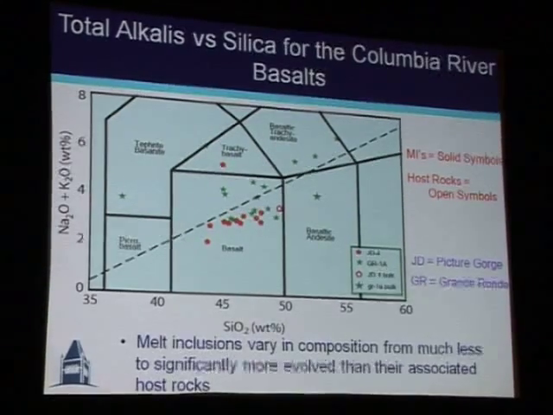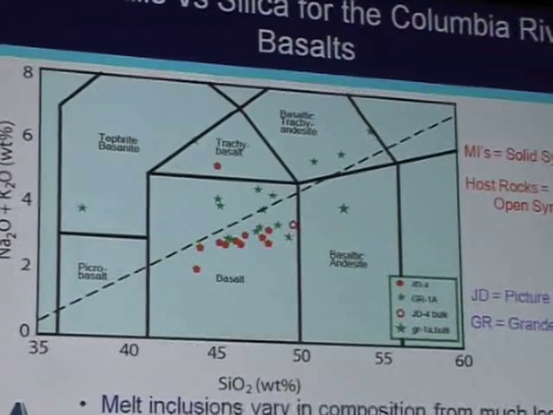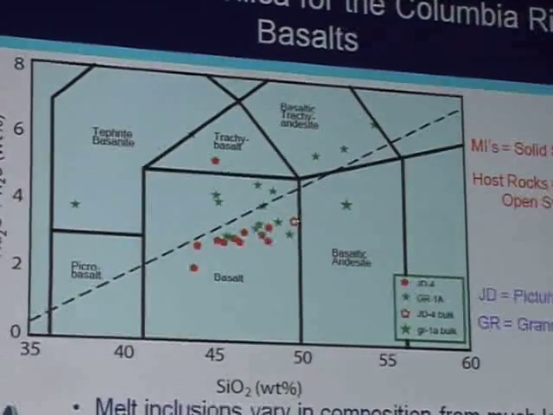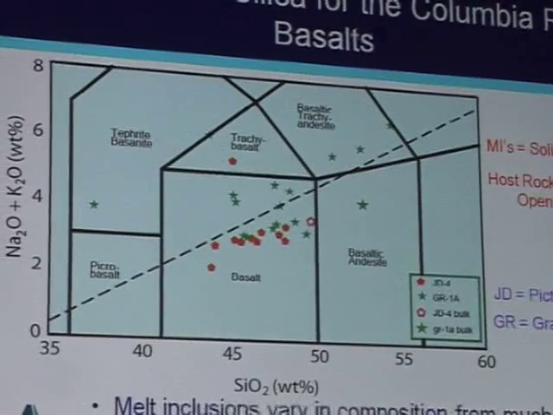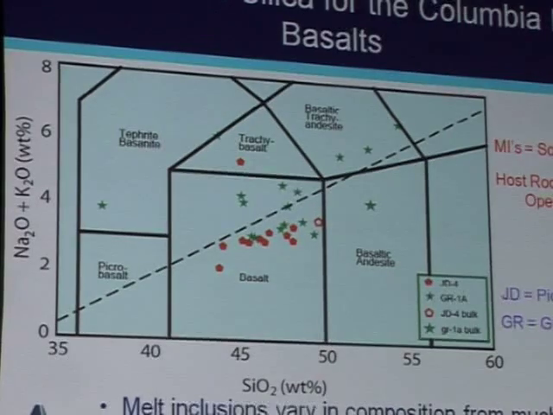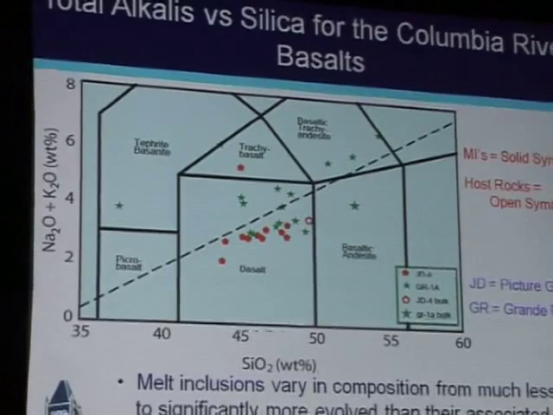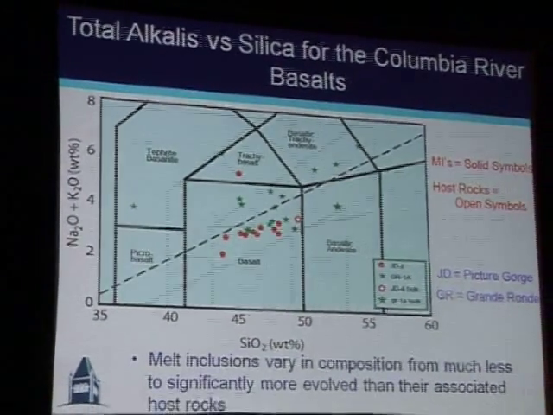So this is a bulk rock being compared to a melt inclusion. They tend to be more primitive in many cases compared to the whole rock, which has evolved some, as you might imagine, because of the crystallization and fractional separation of the olivine in which we find the melt inclusions.